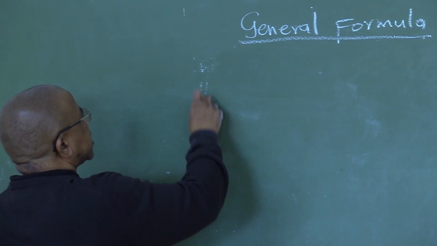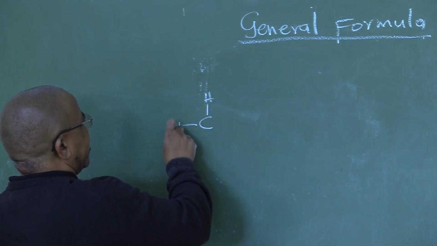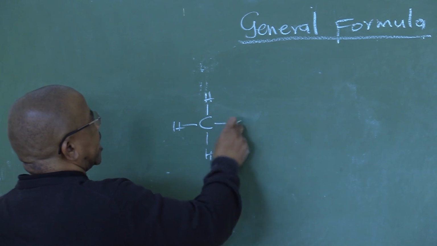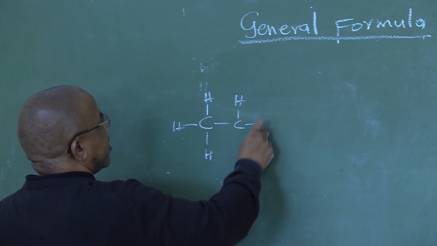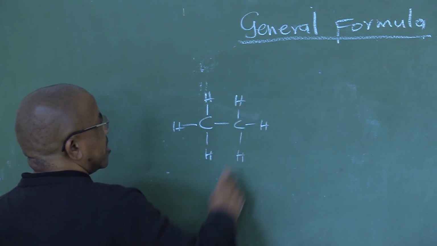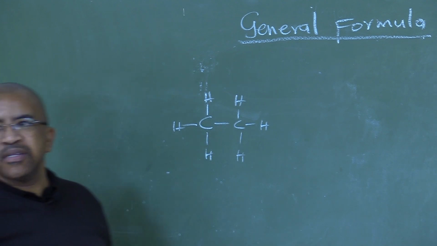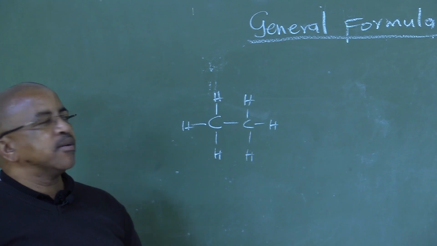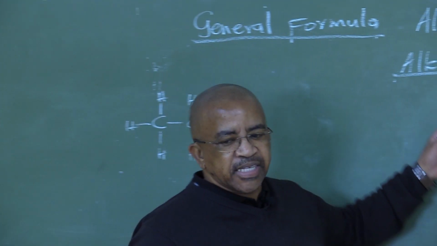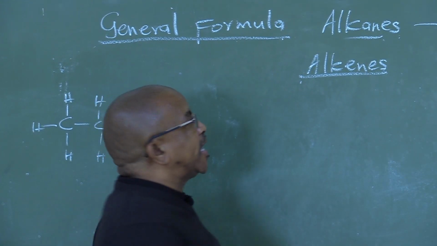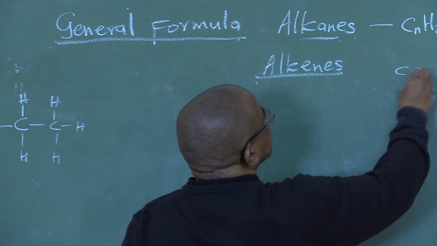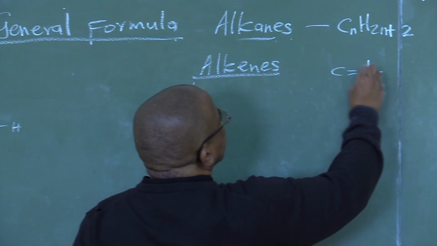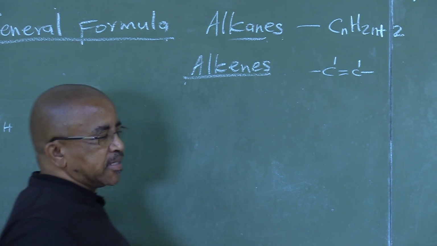Let's say we have an ethane. Let's start there. It's an alkane. How do we identify an alkene? We see alkene is always having a double bond between carbon. Double bond. That is an alkene.